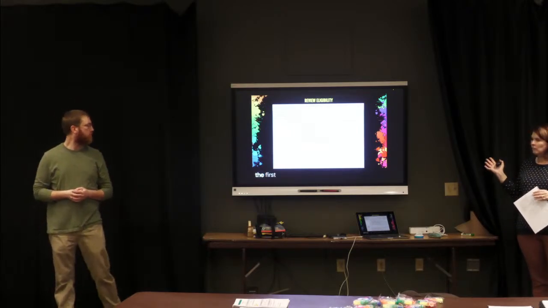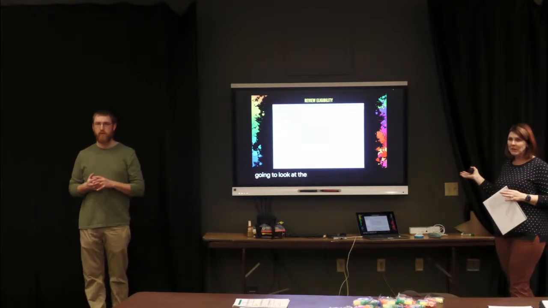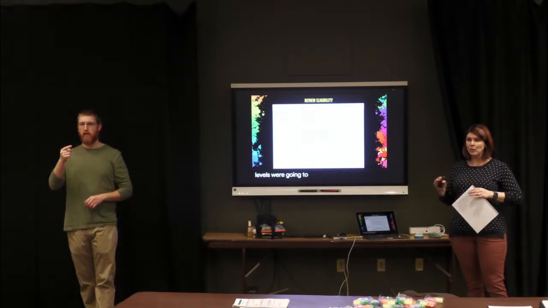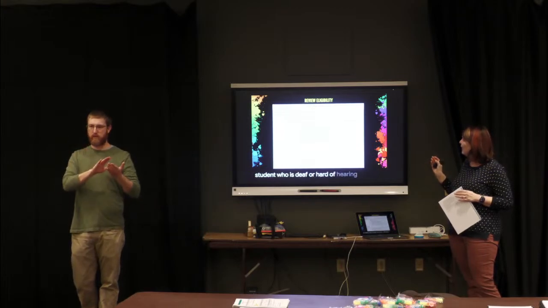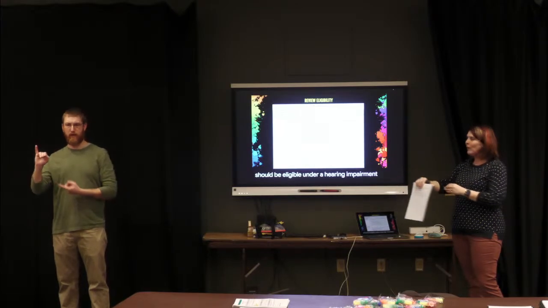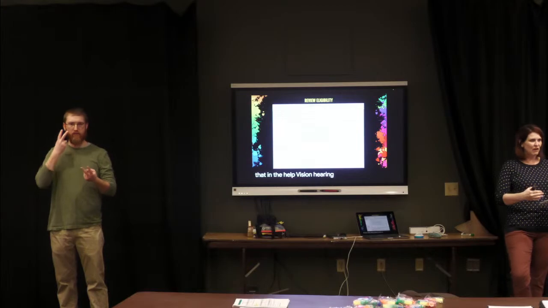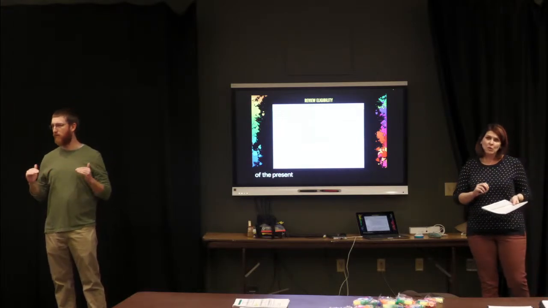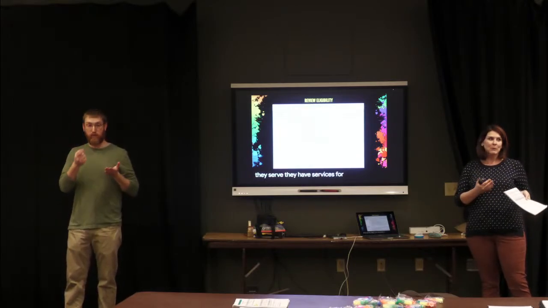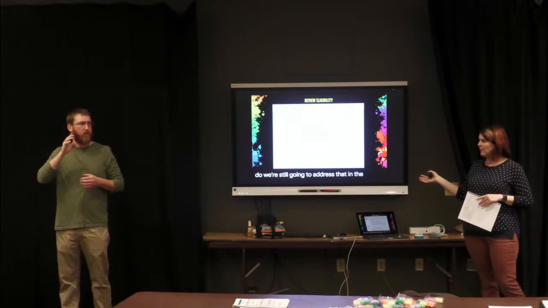So one of the things that we're going to do when we're writing our IEP is we're going to look at the eligibility, because that's going to determine what parts of the present levels we're going to address. So if you have a student who is deaf or hard of hearing, they should be eligible under a hearing impairment, and we're going to make sure that we cover that in the health, vision, hearing section of the present levels. So regardless of whether they have services for a hearing impairment, which obviously if they're here they do, we're still going to address that in the present level.